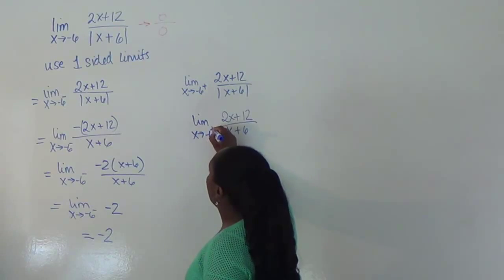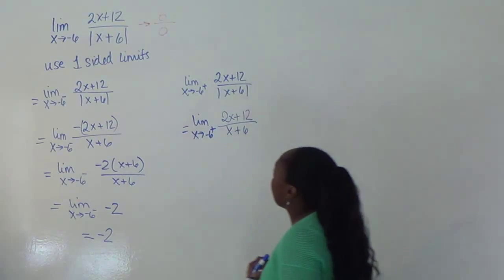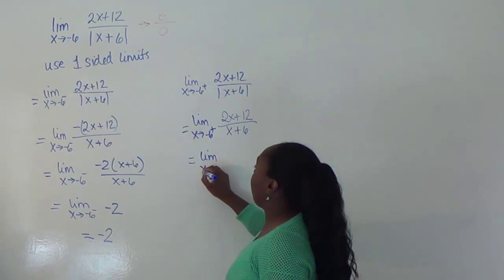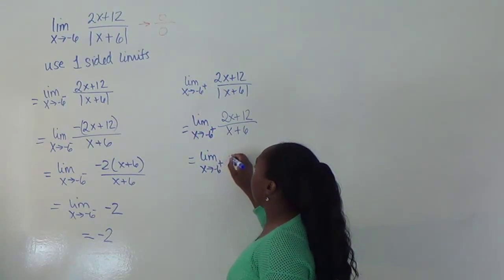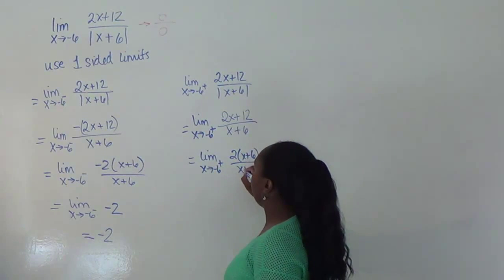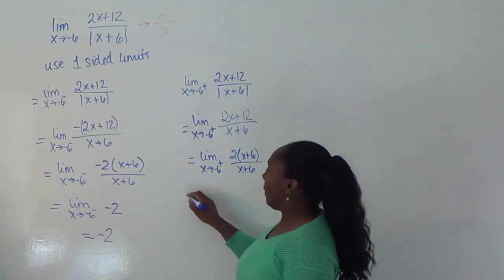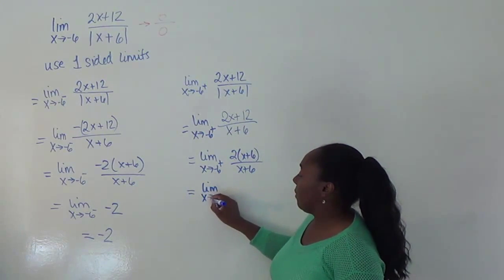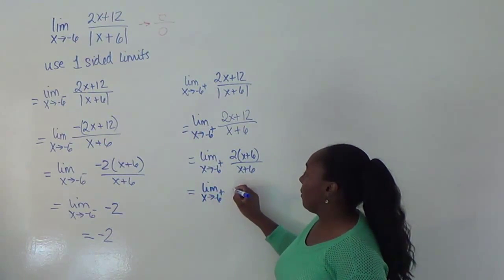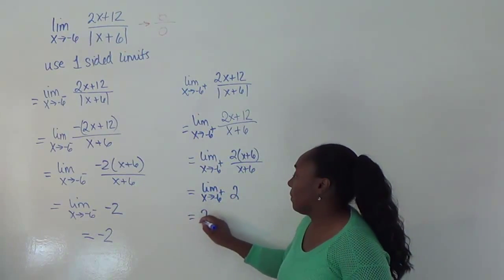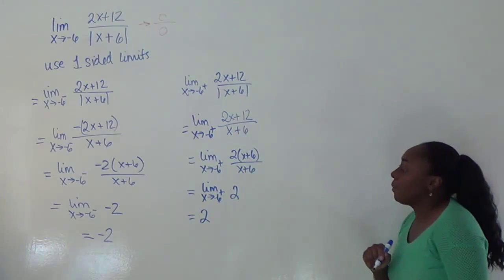Again, we need the limit to make things equivalent, and then from there I can simplify. So we'll cancel out the x plus 6's. And then the limit of our constant is going to be 2.